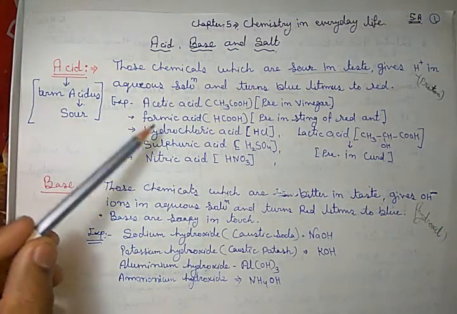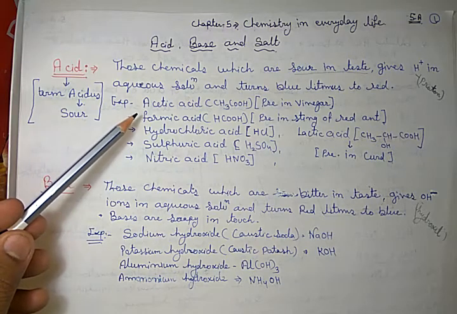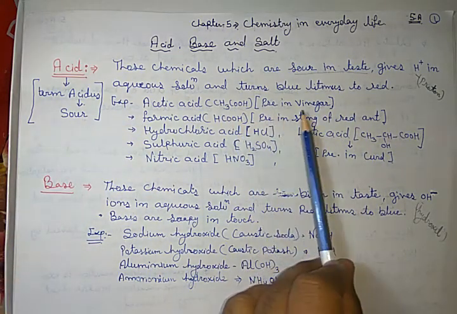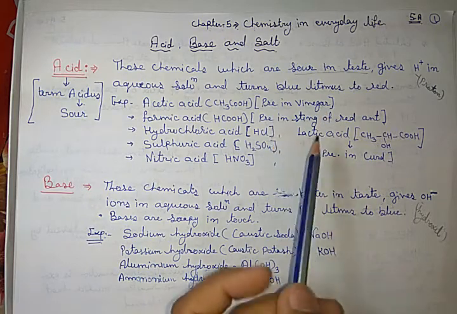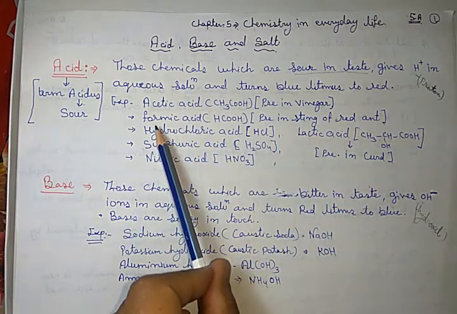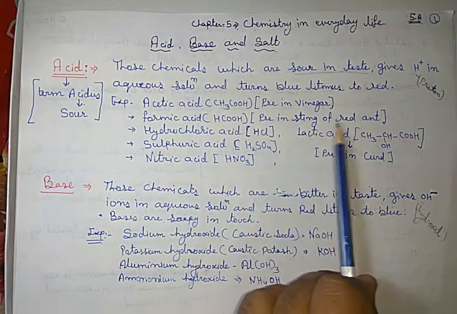There are some examples of acids which we use in our daily life. First is acetic acid, chemical formula CH3COOH, present in vinegar. Vinegar is a simple chemical which we use in pickles for the sour taste. Second is formic acid, HCOOH, present in the sting of red ants.